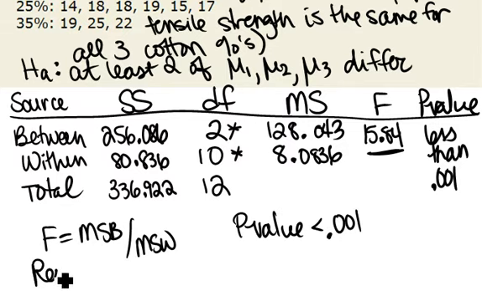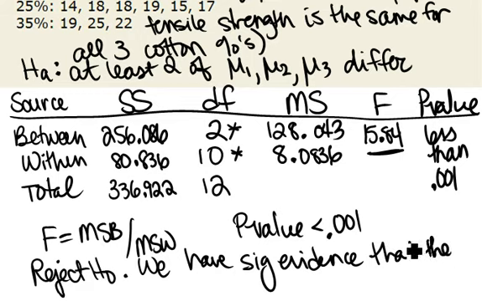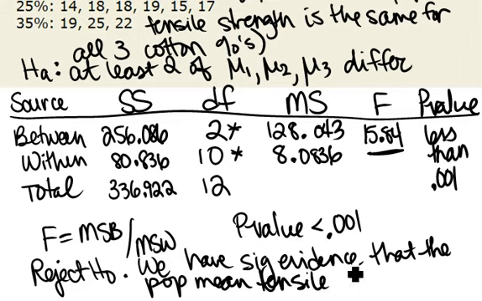So we are going to reject the null, which means that we have significant evidence that the population mean tensile strengths differ for at least 2 of the cotton percentages.